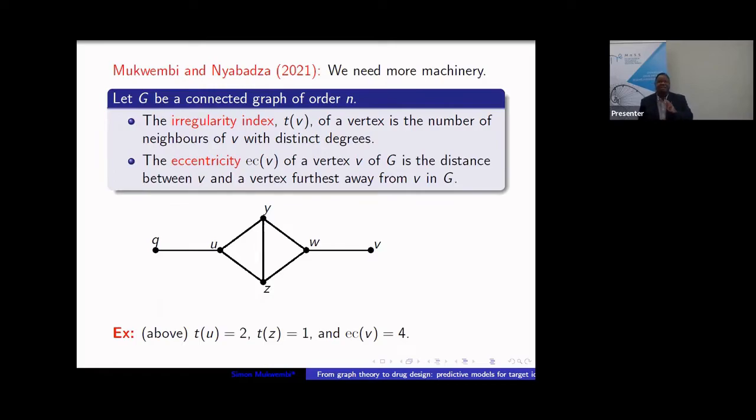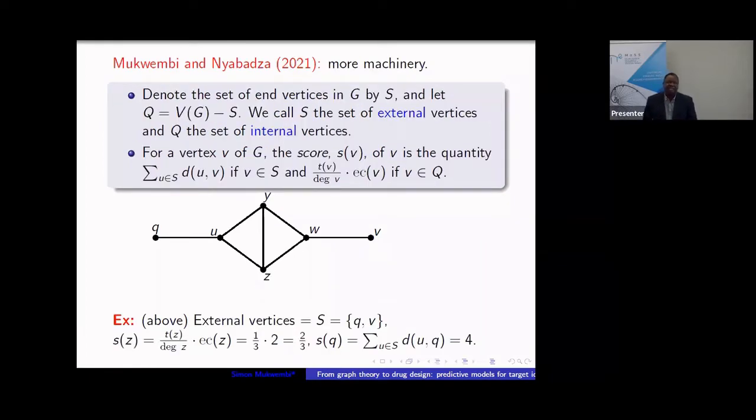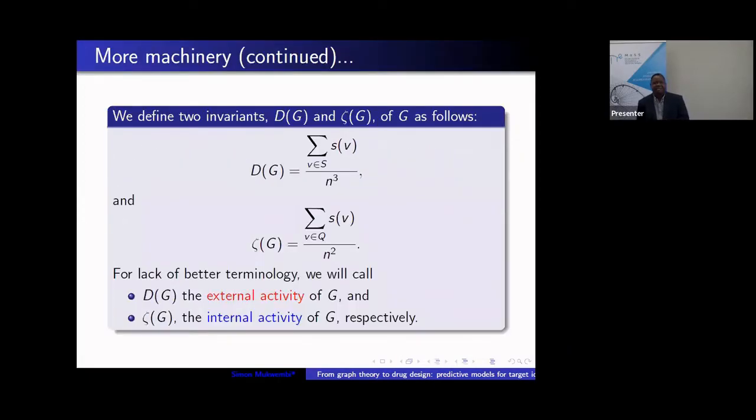The first thing that we recalled is that some years back, there was a parameter that we introduced in graph theory, for the sake of studying graph theory, that we called the irregularity index. And of course, there are also other parameters in graph theory, such as the eccentricity of a graph. We combined all that, and we then developed a new parameter based on two sister parameters, one known as the external activity of a graph, and the other one known as the internal activity of a graph.